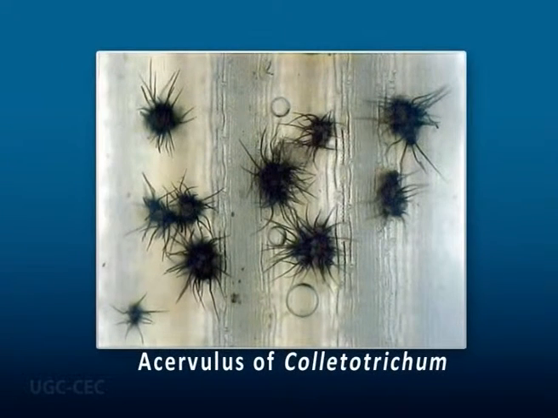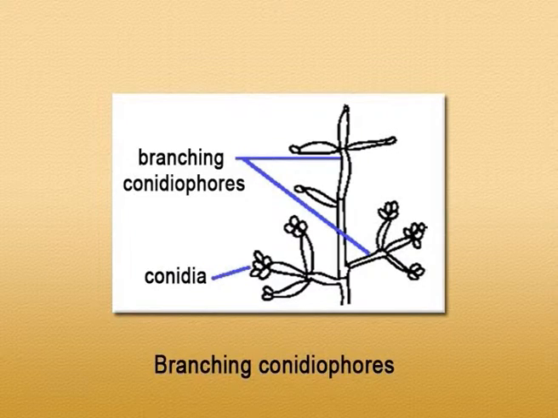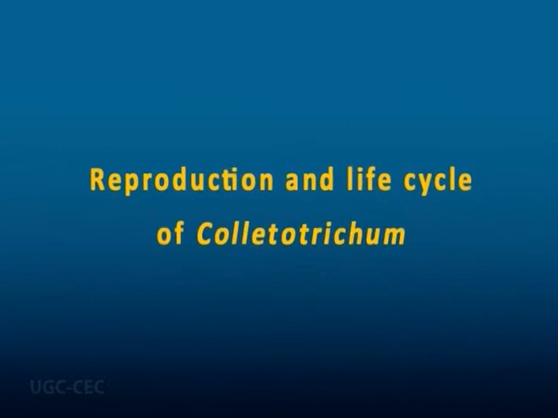From the surface of the stroma, clusters of black velvety bodies called acervulus are formed. Each acervulus consists of a stromatic layer from the surface of which arise hyaline and unseptate conidiophores. Now, reproduction and life cycle of Colletotrichum.